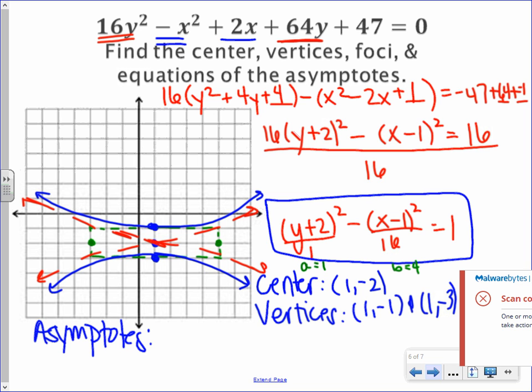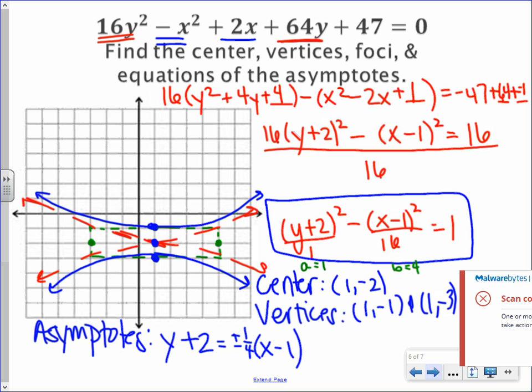Okay, so now, center to corner, our slope is up 1 over 4. Our center is 1, -2. So what I'm going to have you do is y minus k equals slope times x minus h.